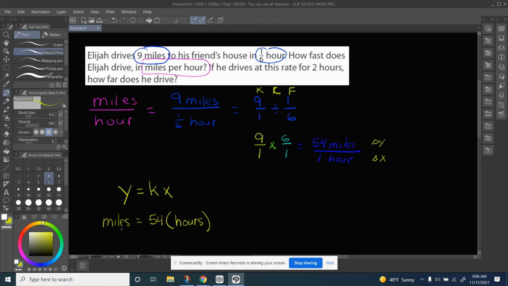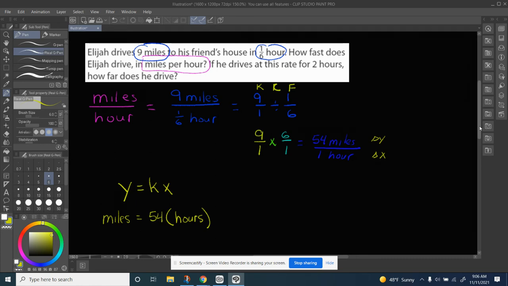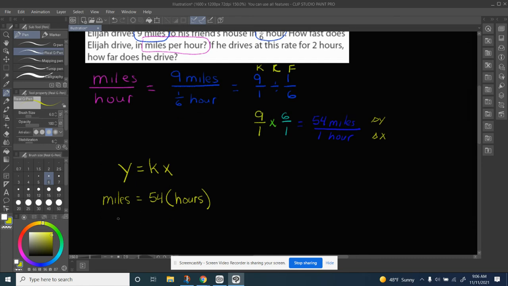So in this problem, we can find out how many miles he traveled if we would just multiply this by 2 hours. So it's going to equal 54 miles per hour times 2 hours and equal 108 miles. Now, that's using this proportional equation.